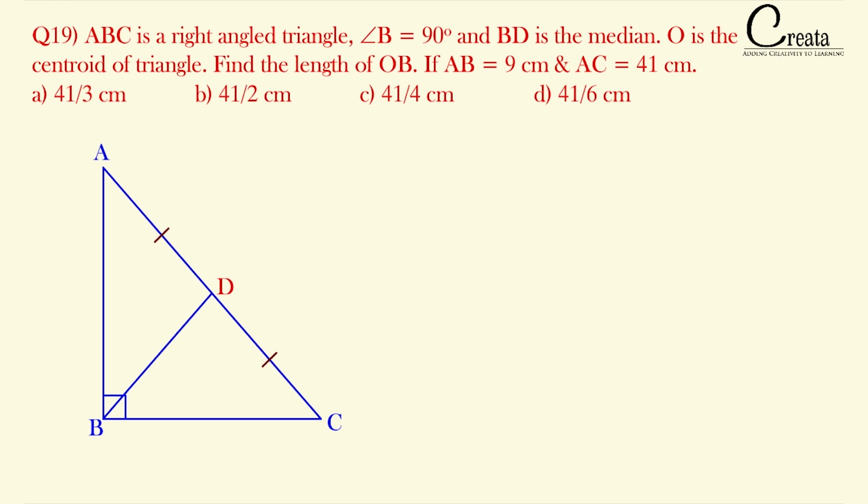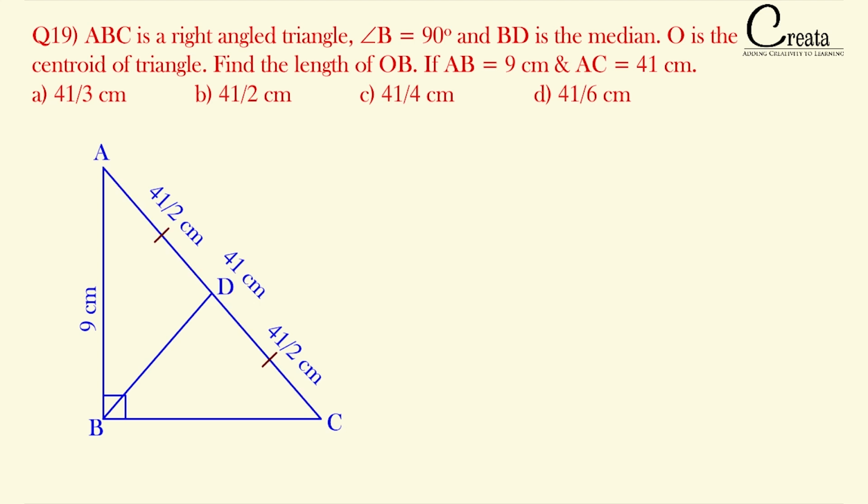Further, the length of AB is given as 9 cm and the length of AC is given as 41 cm. If the length of AC is 41 cm and D is the midpoint, can we say AD and DC will be equal to 41/2? D is the midpoint and AD is equal to DC. We have divided 41 cm into two parts.